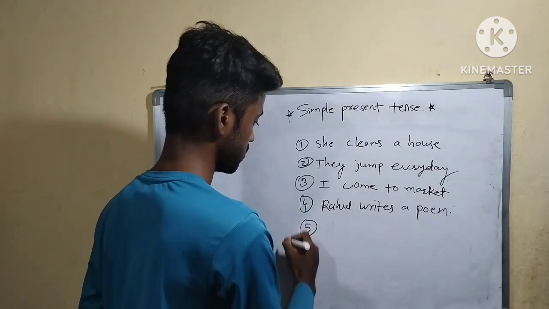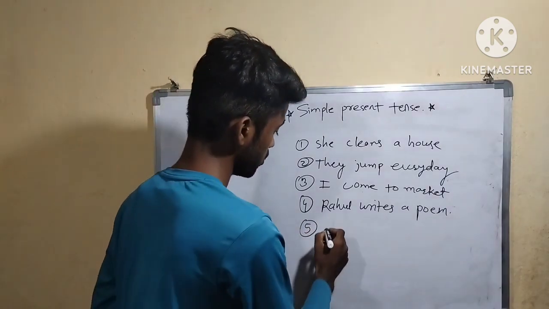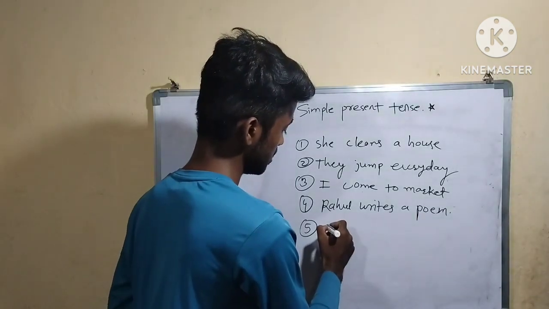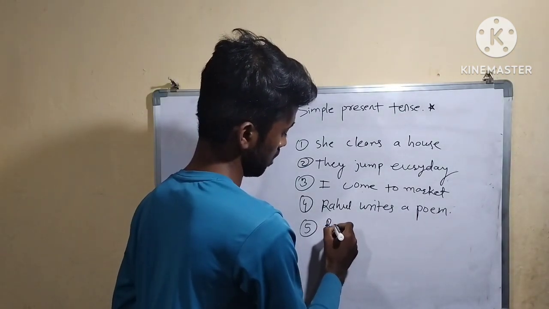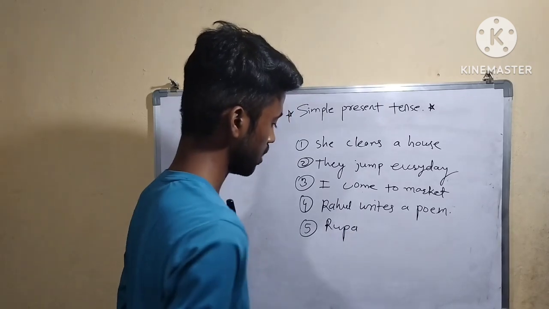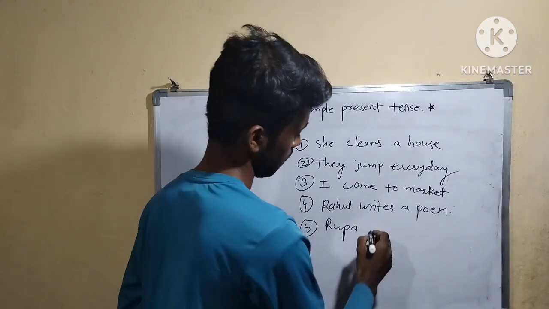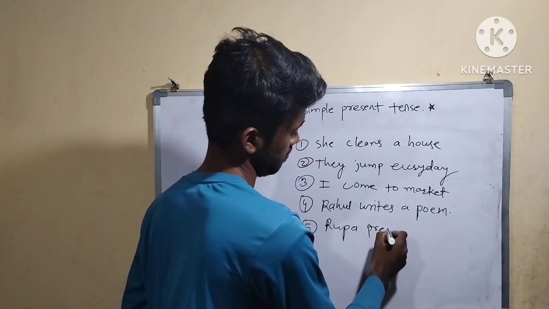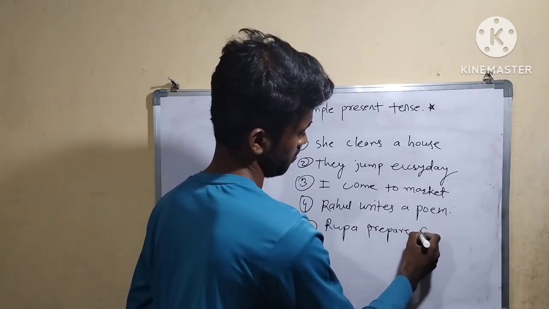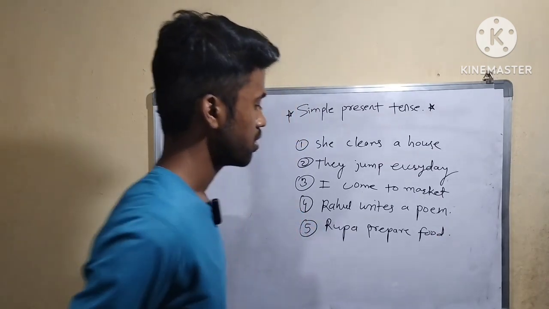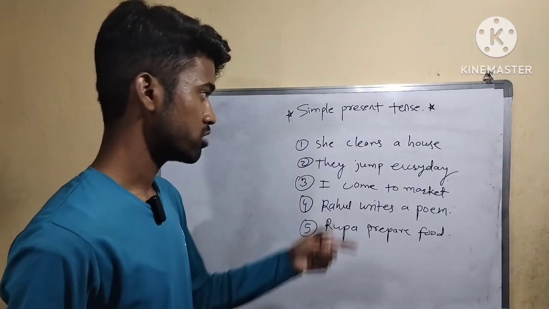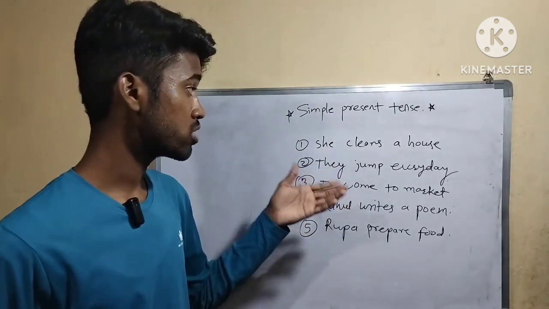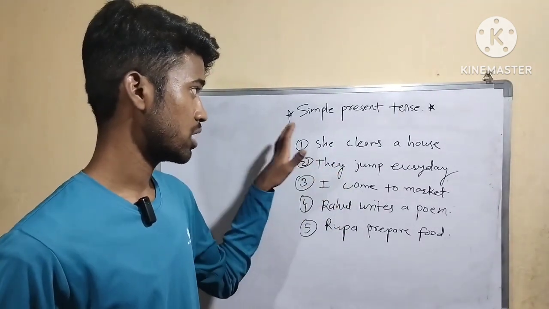And the last one, which name should I take? Rupa prepares food. Now see, these are all in the simple present tense, and these are all positive statements, or you can say sentences.